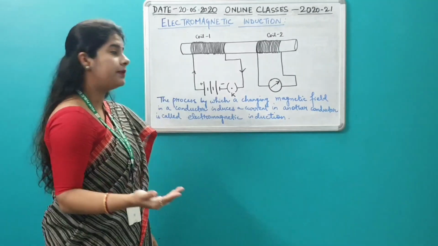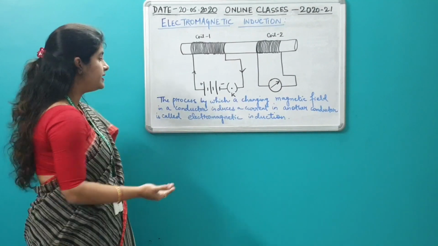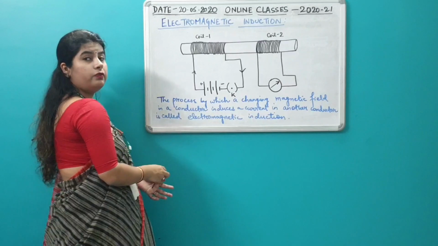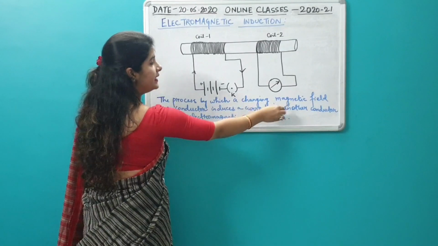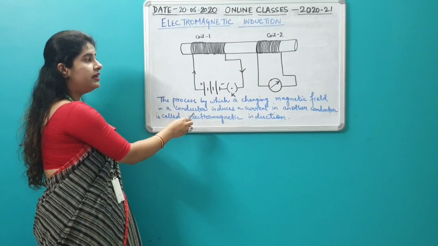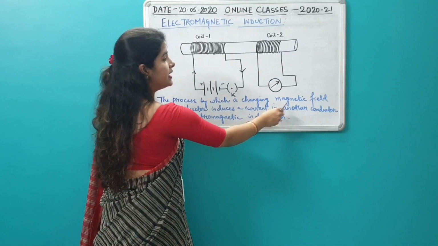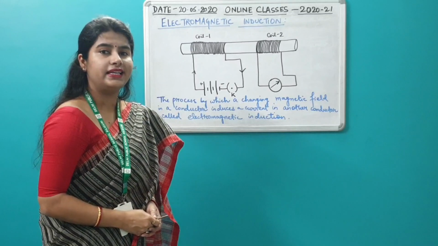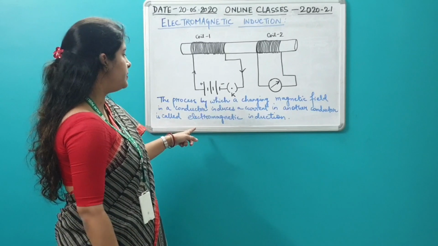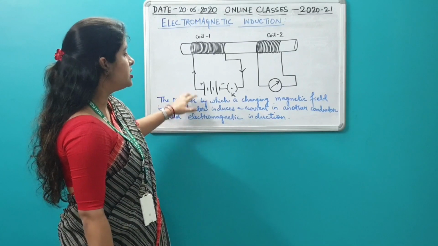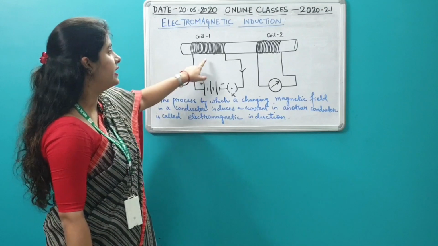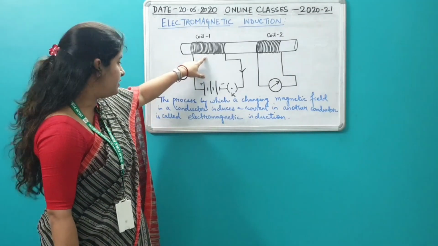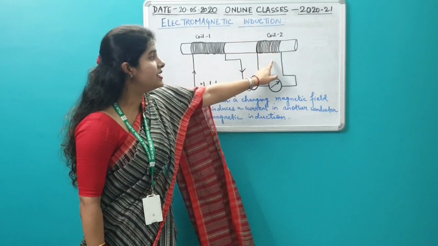So what can we say about electromagnetic induction? The process by which a changing magnetic field in a conductor induces a current in another conductor is called electromagnetic induction. Once again I am repeating, the process by which a changing magnetic field in a conductor induces a current.